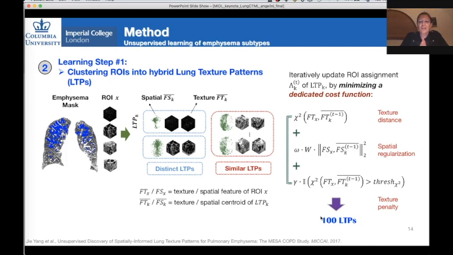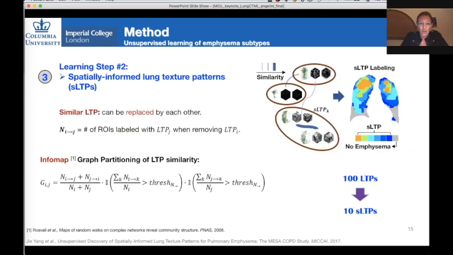We worked with an arbitrarily large number of LTPs in this first step, and here we chose to work with 100 LTPs.